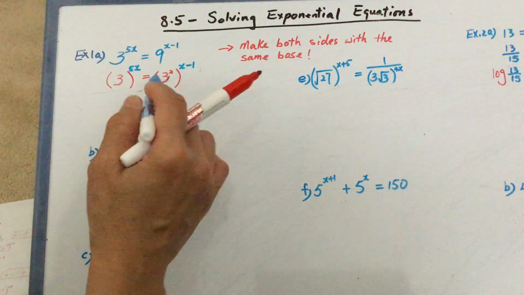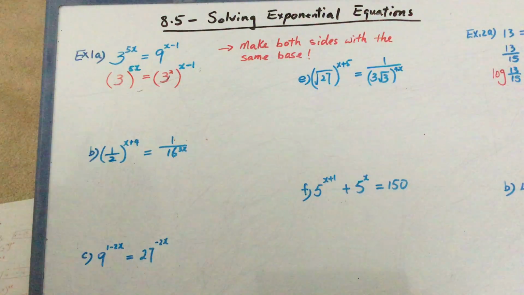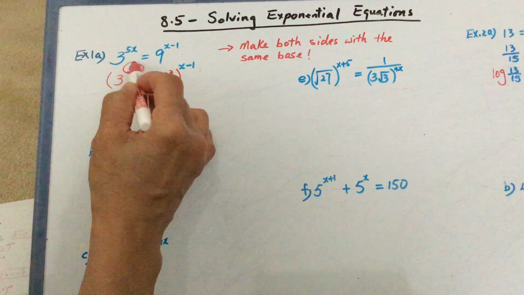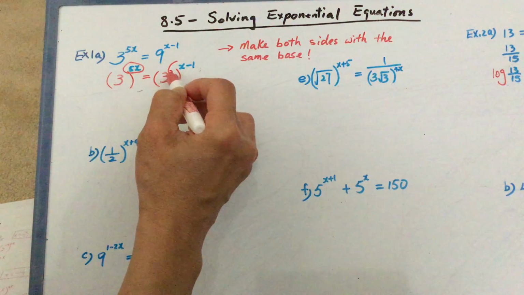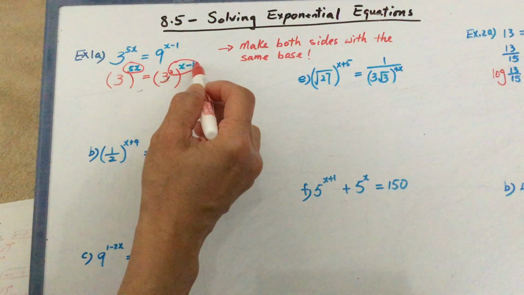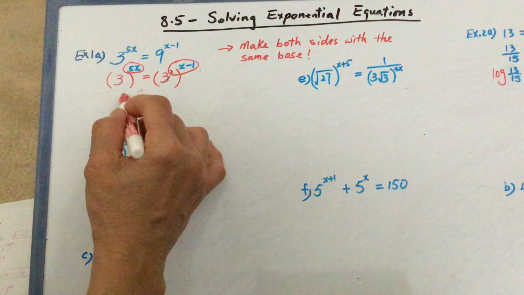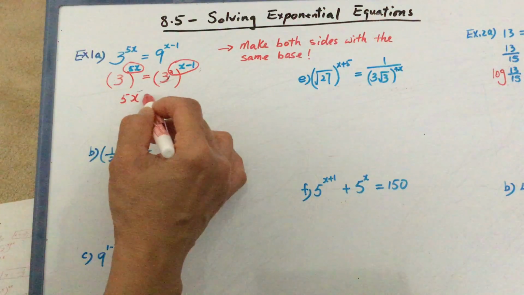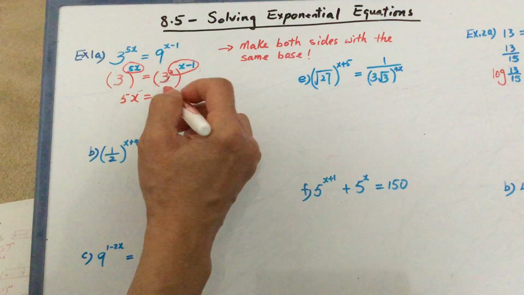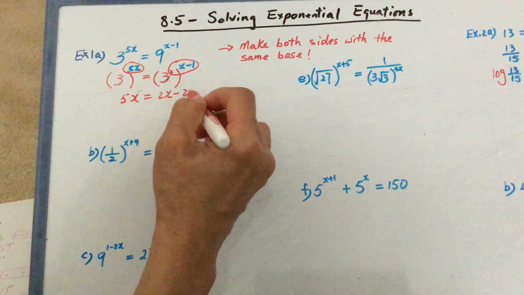What they have outside, the exponents, will still be the same. Now once they have the same base, I can say their exponents must be the same. When you distribute this 2 into the x minus 1, on the left side I have the exponent 5x, and on the other side you get 2x minus 2.